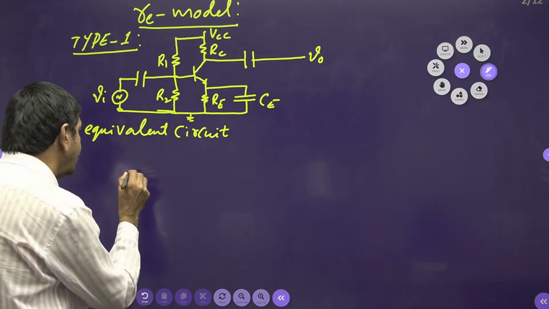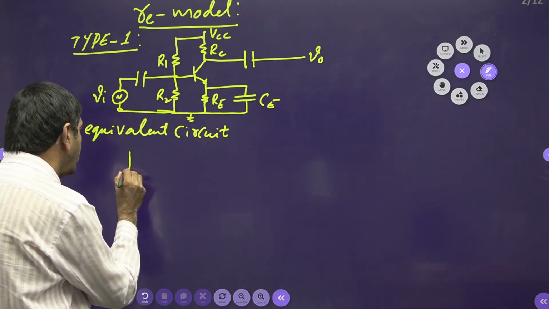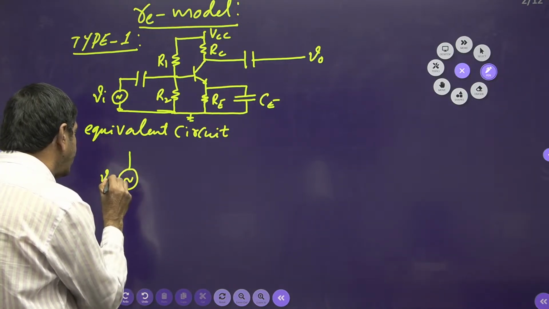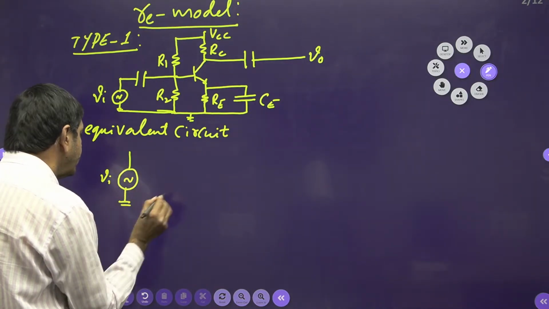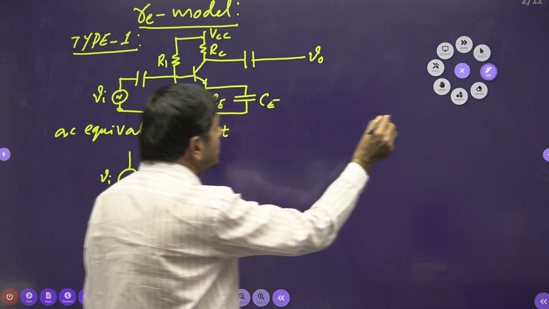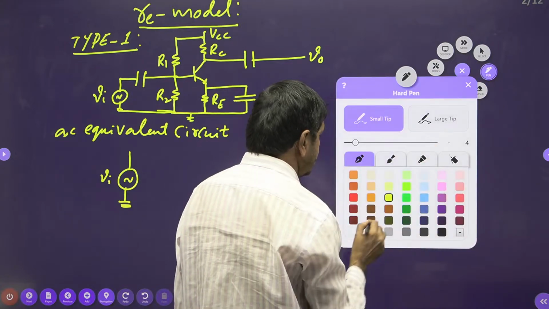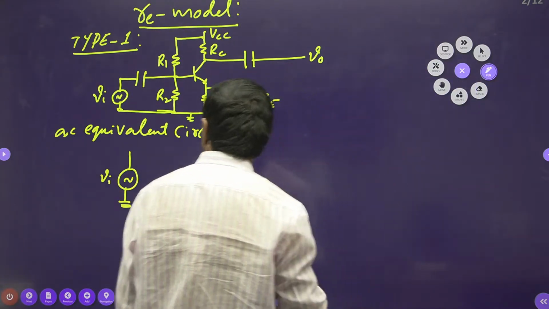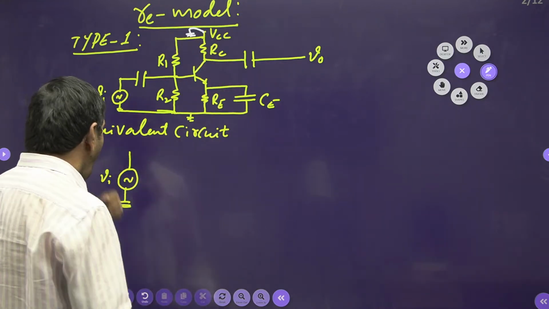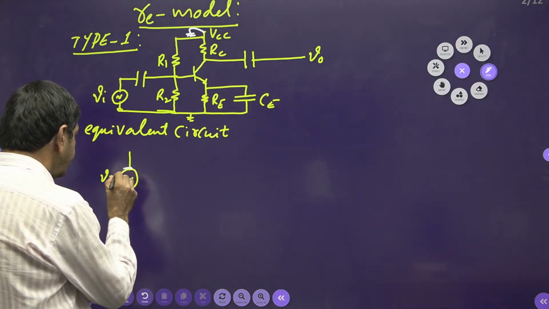Yes, I will connect VI to the ground. I said wherever the DC source is given, that must be short circuited. This must be shorted. This is VI.